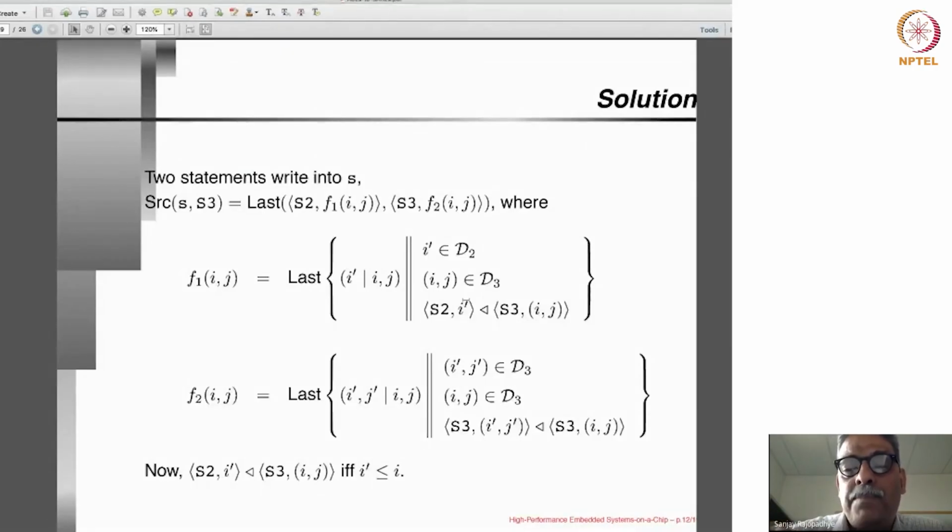Remember, I primeth iteration of statement S2 is executed before the ith iteration of statement S3, and this happens if and only if I prime is less than or equal to I. The less than or equal to comes because statement S2 is textually before statement S3, right? So even if I prime equals I, the I primeth iteration of S2 is executed in the program execution order before the ijth iteration of statement S3.